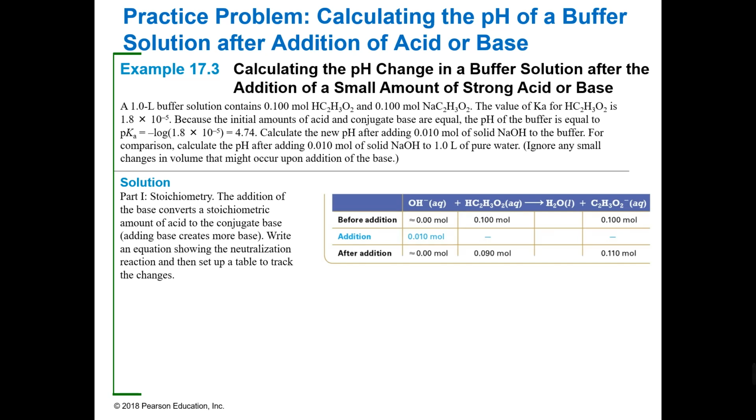So you'll notice now that we're in moles. If you remember from acid-base titrations that the equivalence point was where the moles of the acid equaled the moles of the base. That didn't mean volume was equal, but that meant the number of moles was equal.